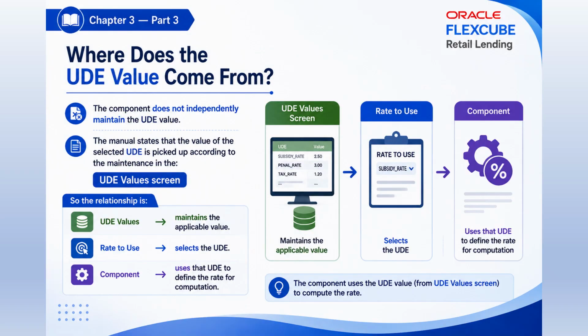Where does the UDE value come from? A common question is, where does the actual UDE value come from? The component does not independently maintain that value. The manual states that the value of the selected UDE is picked up according to its maintenance in the UDE value screen. So, UDE values maintain the applicable value. Rate to use selects the UDE, and a component uses that UDE to define the rate for its calculation.